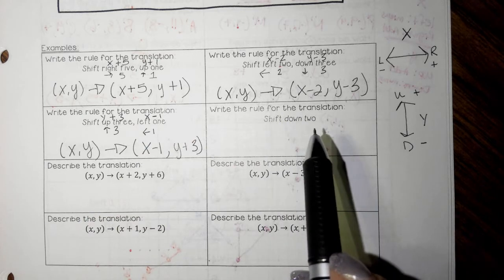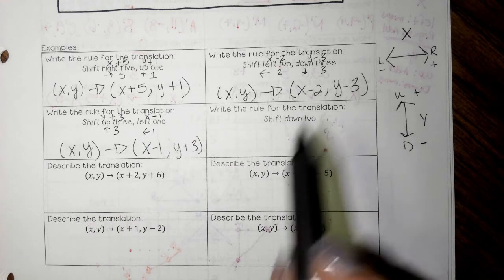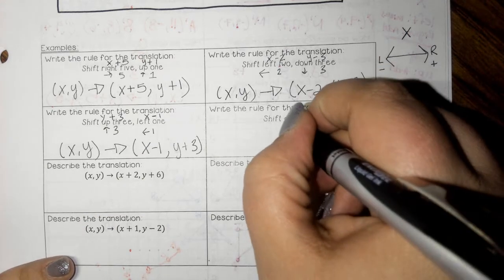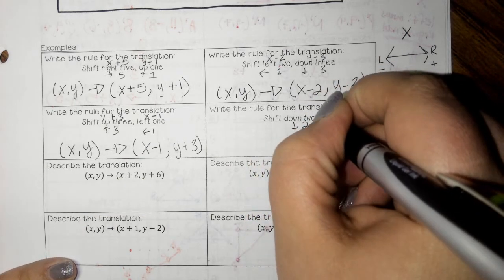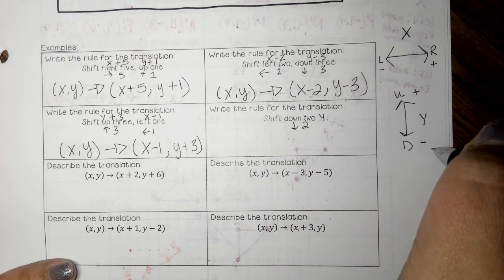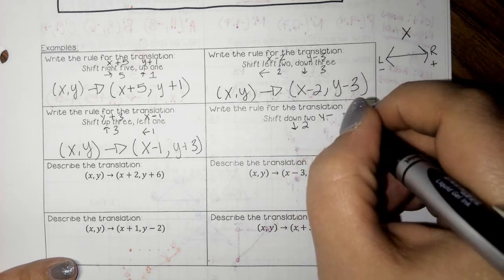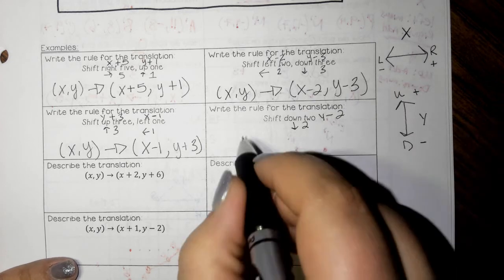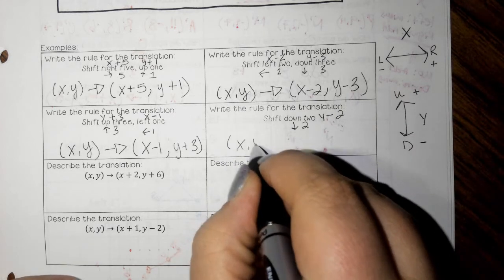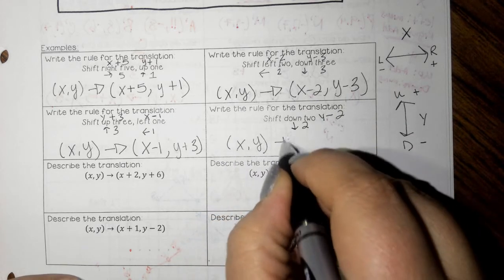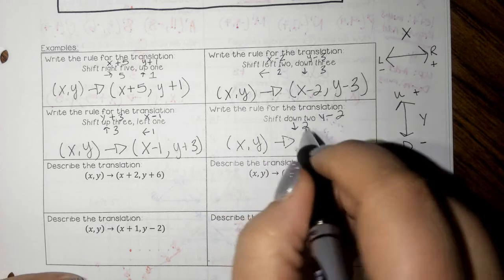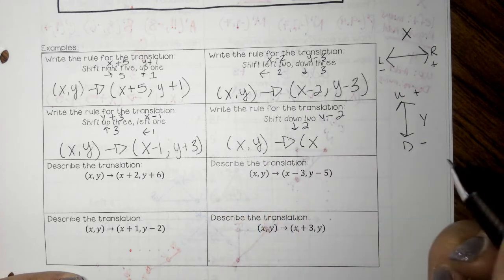This next rule says to shift down twice. Down twice affects a y value by going down, so a minus 2. Start with (x, y), and we're not actually shifting left or right at all, so our x values will stay the same.